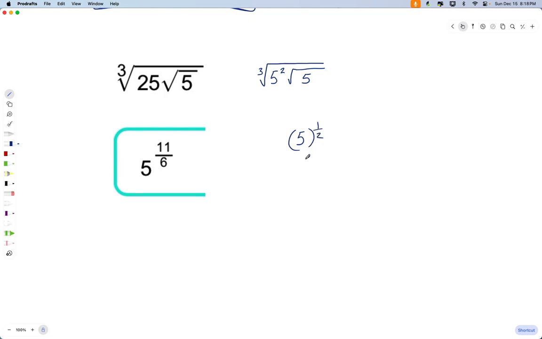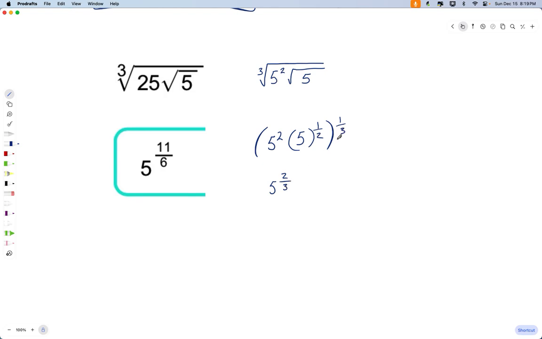It's written one time with the index. Now we've got this base with an exponent of 2 written one time with an index of 3. Now we multiply. 1/3 times 2 is 5 to the 2/3. And 1/3 times 1/2 is 5 to the 1/6.